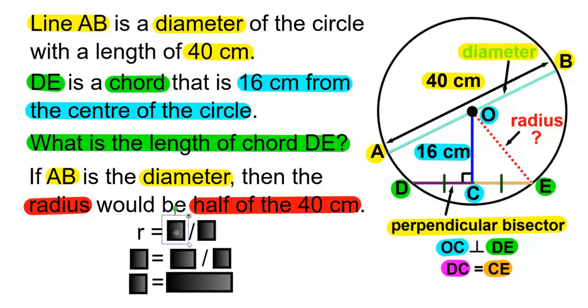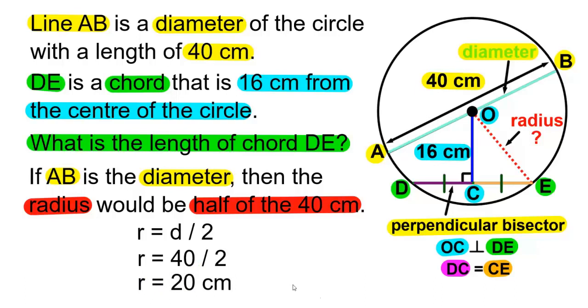The formula for radius is equal to diameter divided by 2. Radius is equal to 40 divided by 2. So the radius will equal 20 centimeters.